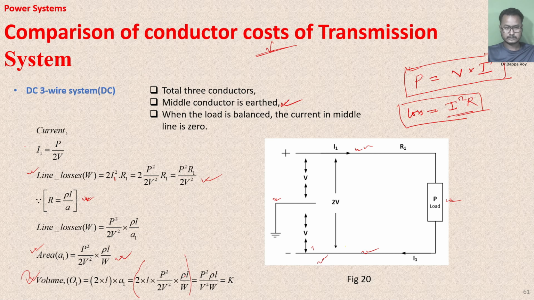It will come as P square rho L square by V square W. And we are totally assuming this part as K. So this will be P square rho L square by V square W.